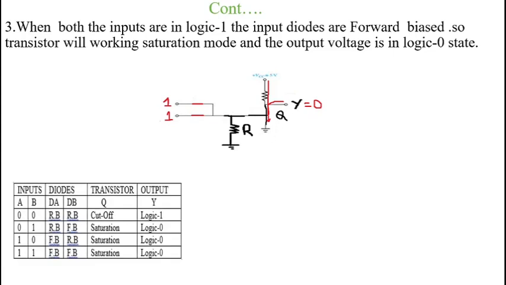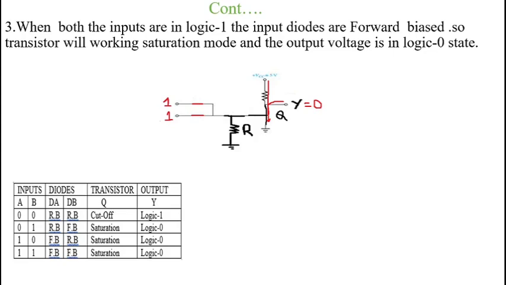Now we are drawing the truth table of the two input NOR gate. We consider the inputs A and B, the diodes DA and DB, the transistor Q, and the output Y. The first possible combination is both inputs 0 0. At that time, the diodes DA and DB are in reverse bias condition, the transistor Q is operating in cutoff mode, and we get the output Y equal to logic 1.